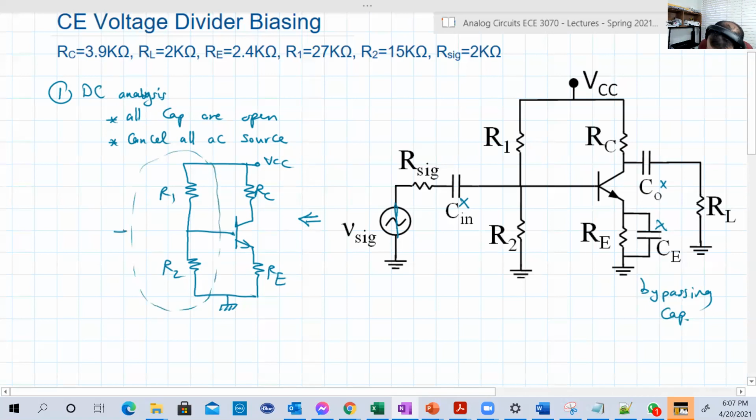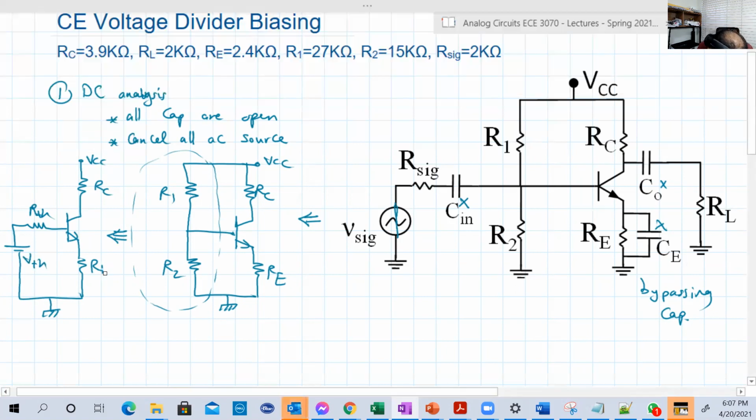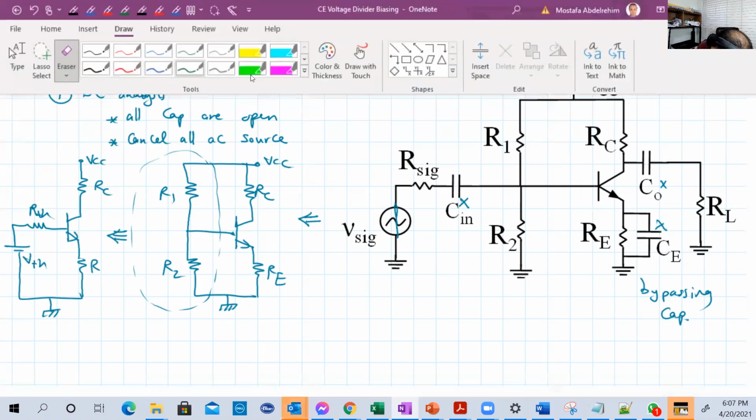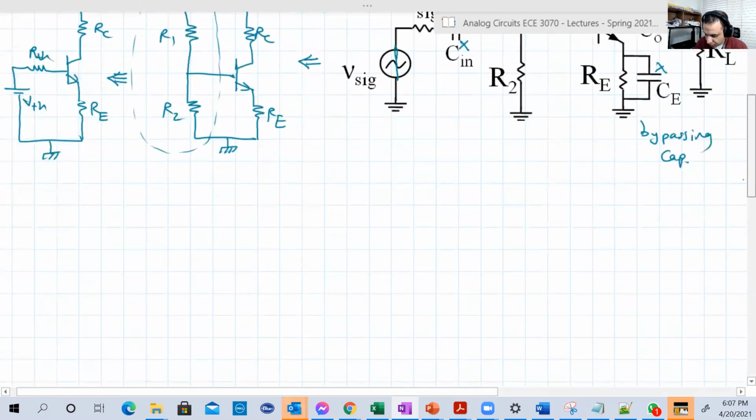So this will be converted to the following. RTh, sorry, this is RE, not R7. And this is R7. Okay, so we know how to do that.